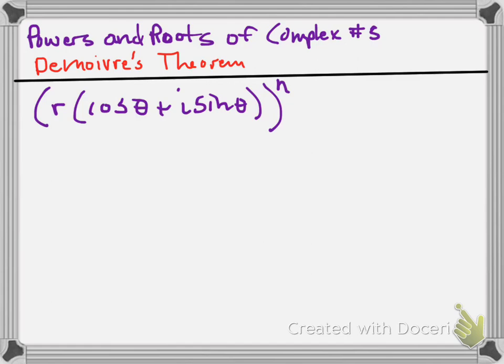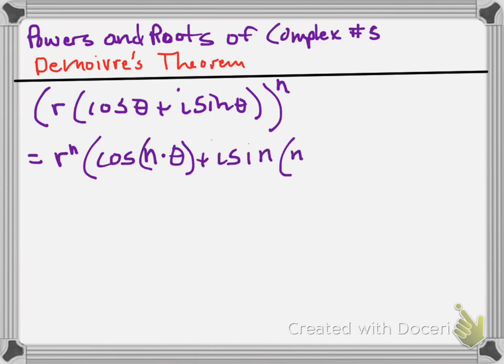The solution to this is r to the n power, cosine of n times theta, plus i times the sine of n times theta. So you raise the radius to the power of n, and you multiply the angles by n.